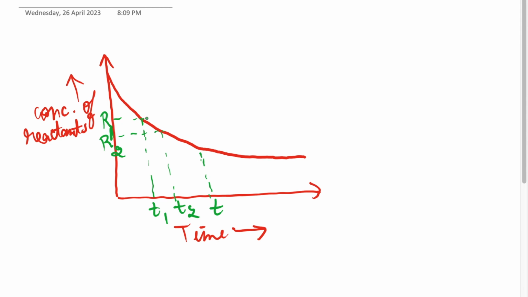And this is the initial concentration of reactants, when the reactant is fully full. This denotes the initial condition of the reaction.